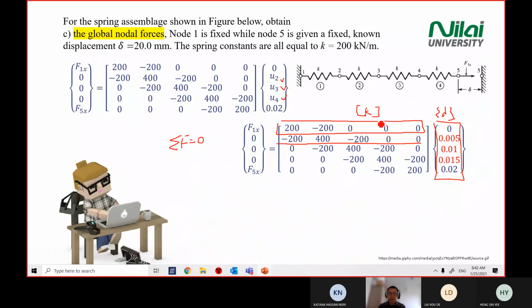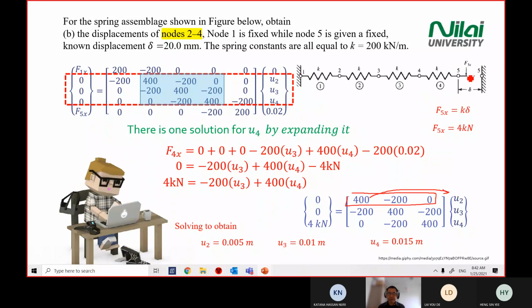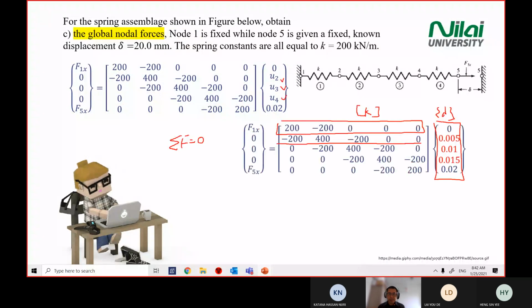Point number 5 just gives you a general idea of what is happening at point number 5. Let me see here.